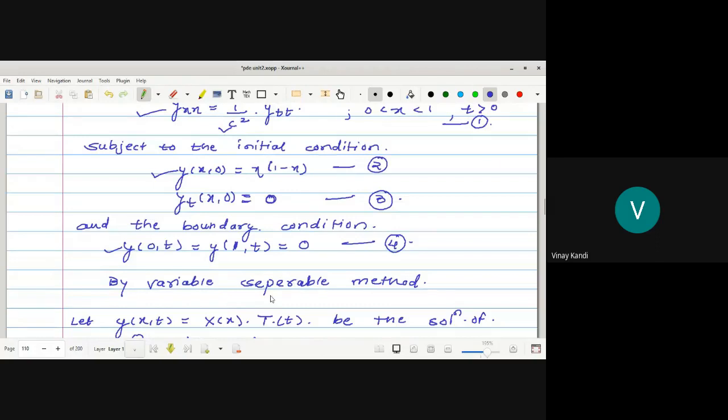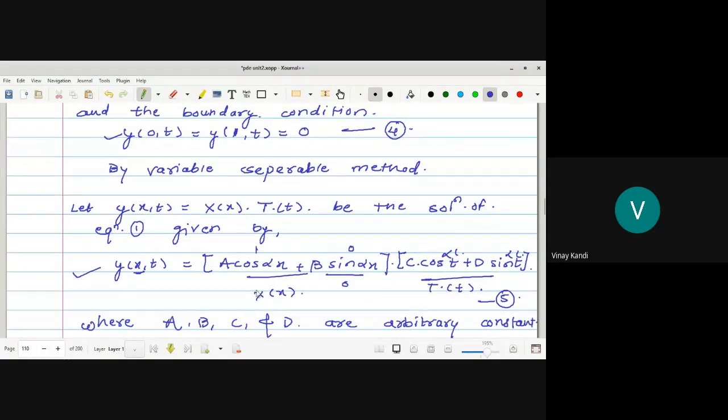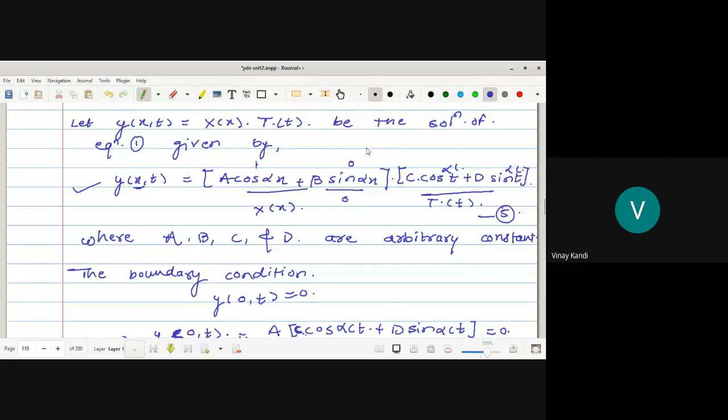By variable separation method, the solution y of x, t is equal to X of x into T of t. In the previous theorem we saw the value of X of x, and the value of T is C cos alpha ct plus D sin alpha ct. We have to find the values of A, B, C and D using the initial and boundary conditions.